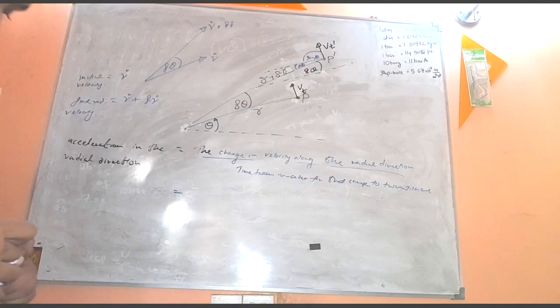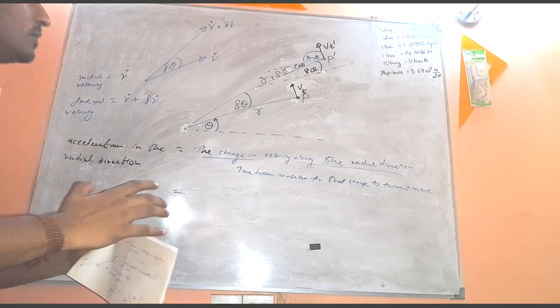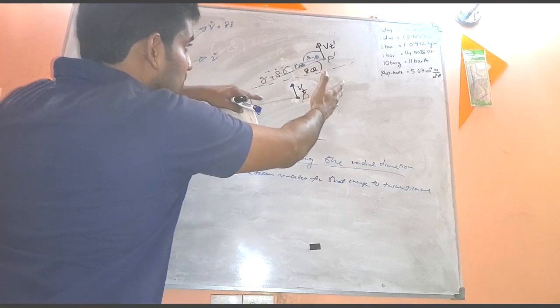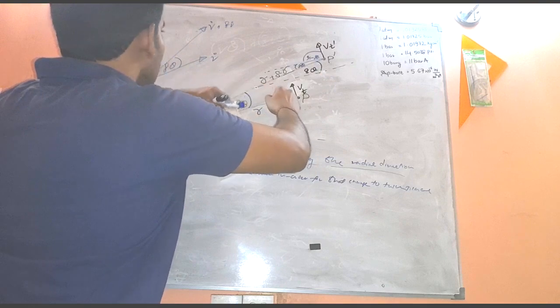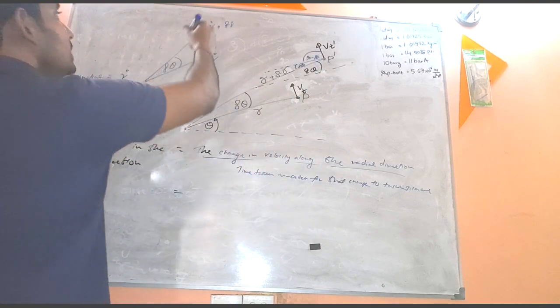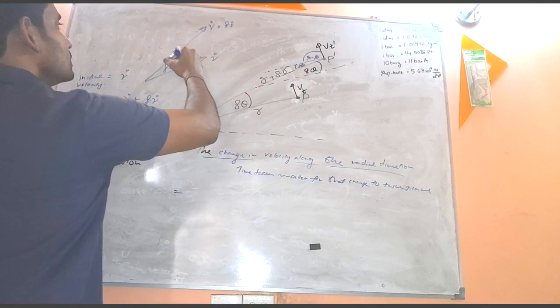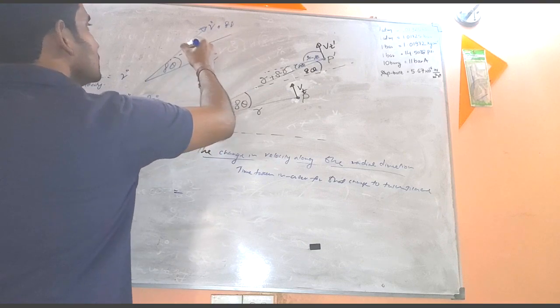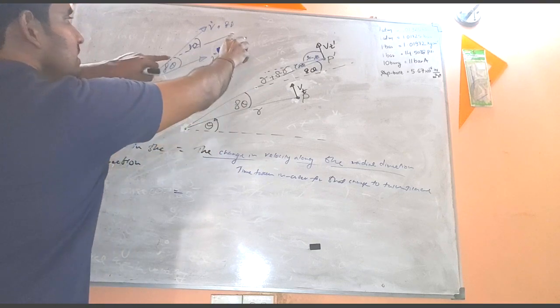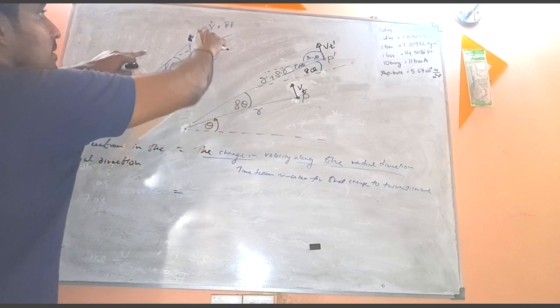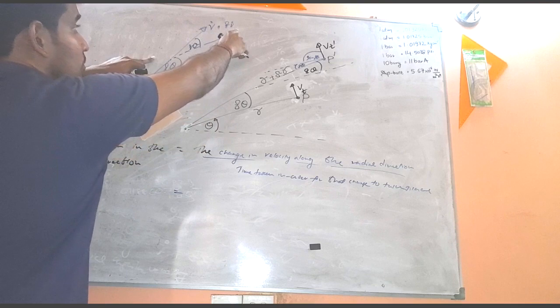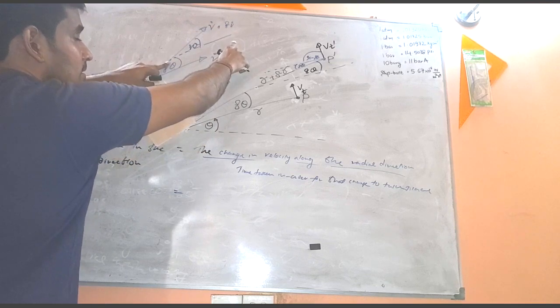Because now we have to consider components, right? Okay. So what is the final radial velocity component along this direction? Now we have to take the components. You got it? Delta theta. This line is parallel to this one. So what is the first component? R dot plus delta R dot cos delta theta, right?